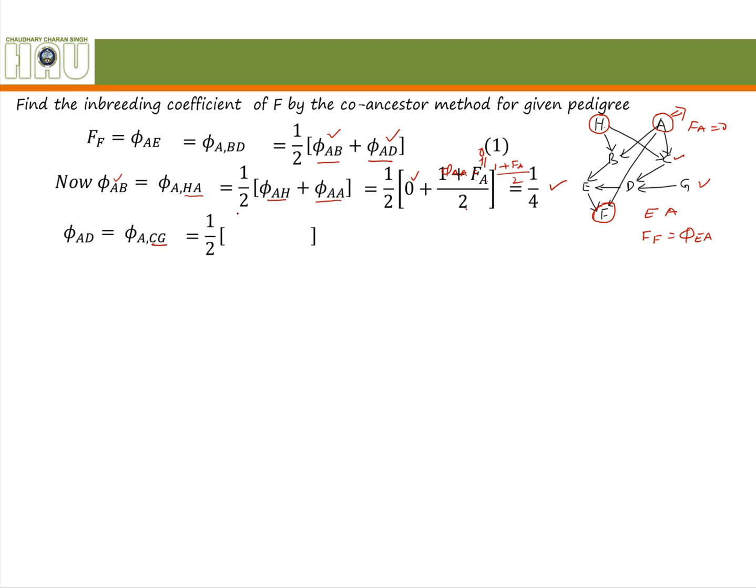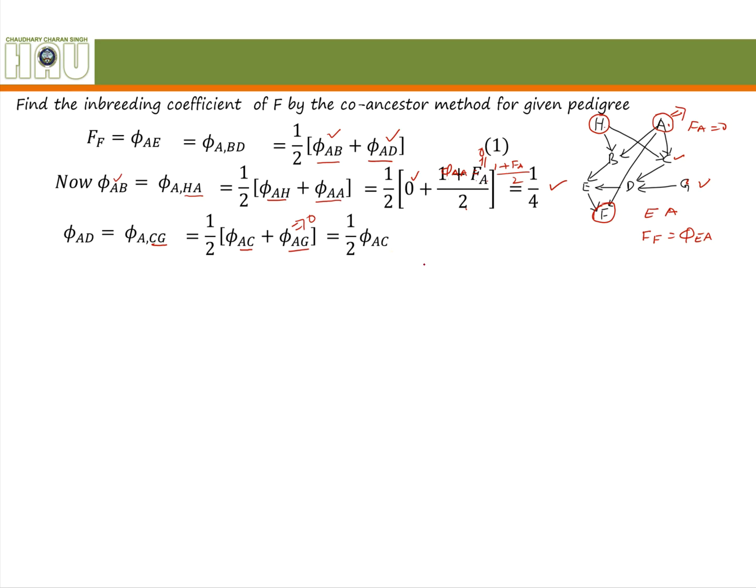Using the probability law, it is half of phi AC plus phi AG. Now A and G are unrelated, which means phi AG will be equal to 0, and phi AC we have to compute. So this is equal to half of phi AC.